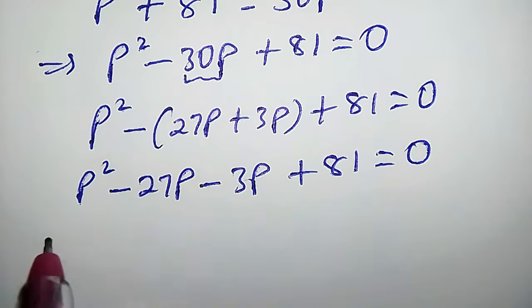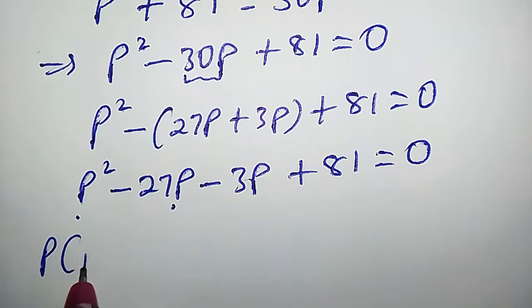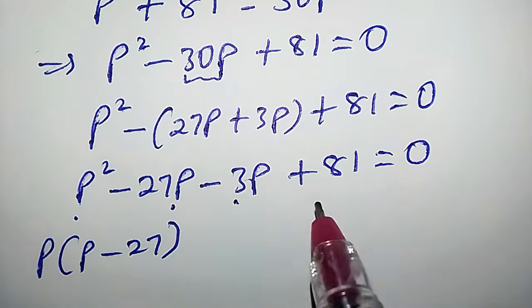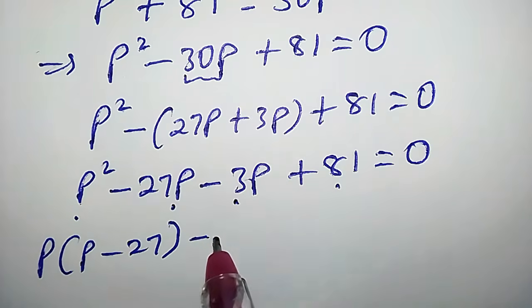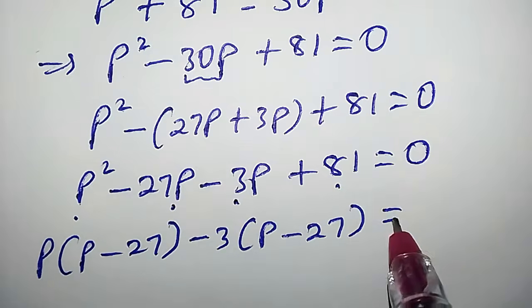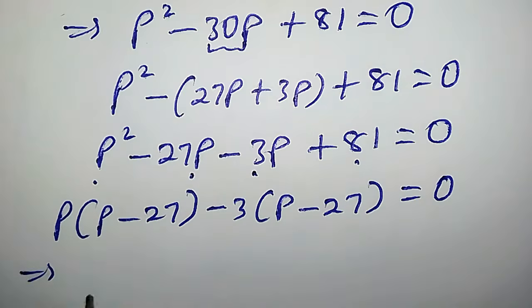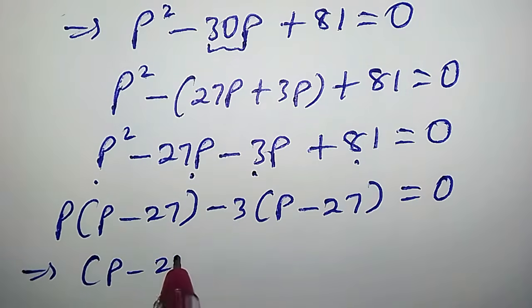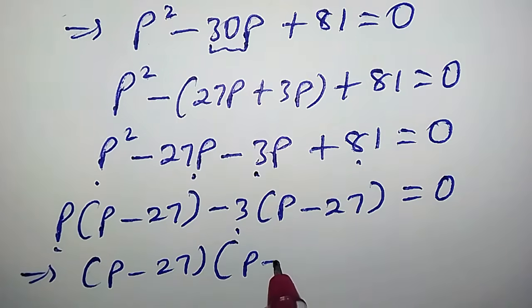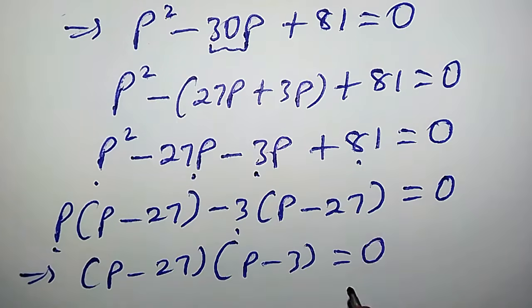You will see that the common term here is p. We can pull it out, so we have p into p minus 27. We can also pull out minus 3 from these two, so that will be minus 3 into p minus 27 equal to 0. This implies that p minus 27 times p minus 3 is equal to 0.